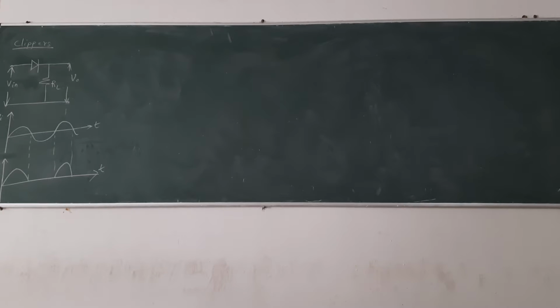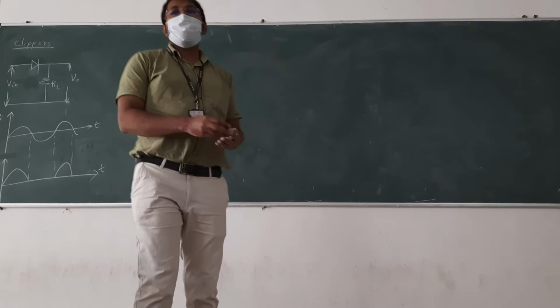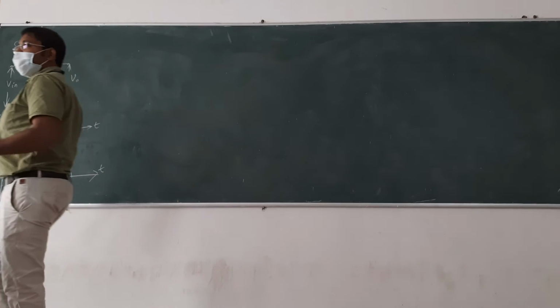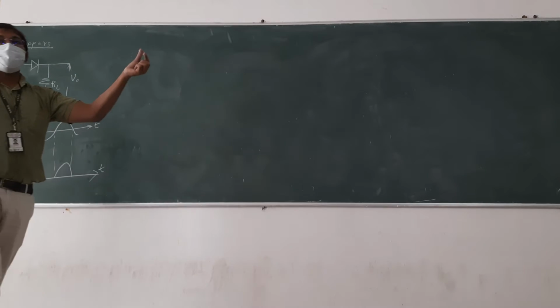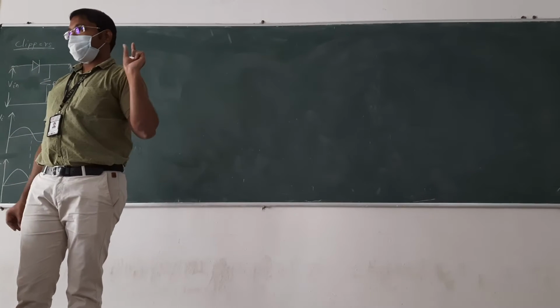part of the waveform. So what is the meaning of the definition? Clipper is an electronic circuit where, using that circuit, we can eliminate a portion of the waveform if you don't require it. For example, we have seen the half wave rectifier circuit.